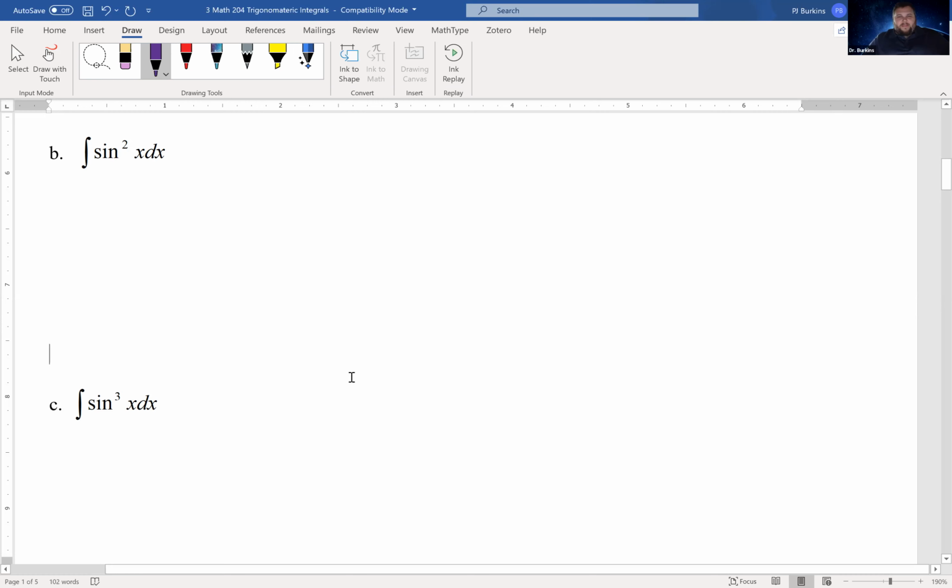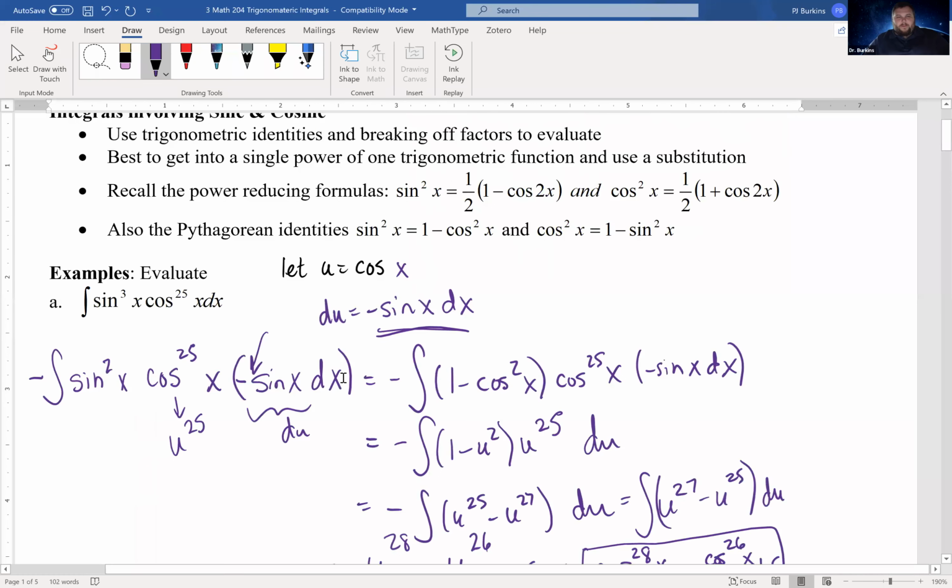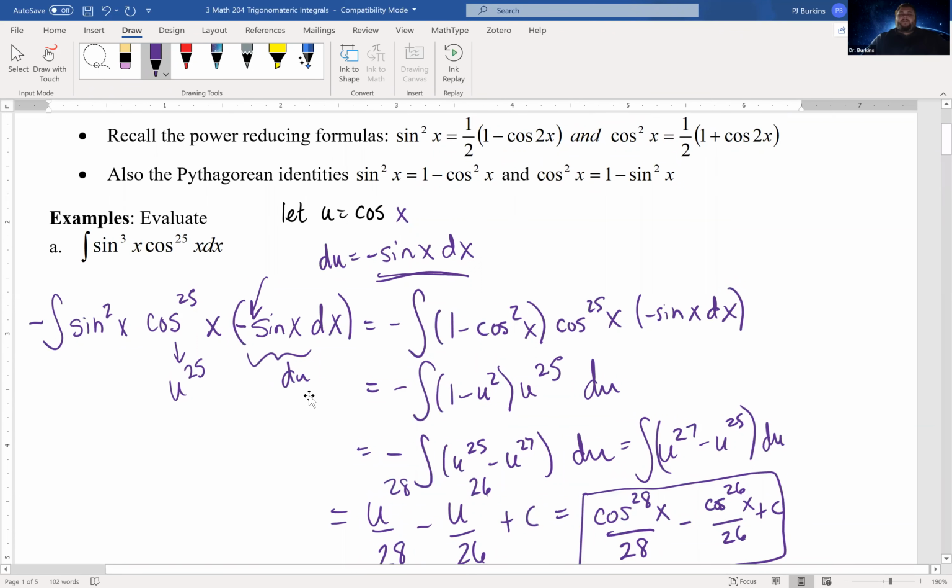If we go back to the top of the packet, we have that sine squared could equal 1/2 (1 minus cosine 2x). And we've also got that Pythagorean identity that sine squared equals 1 minus cosine squared. So out of curiosity, what would you guys choose to replace sine squared with? The power reducing formula or the Pythagorean?